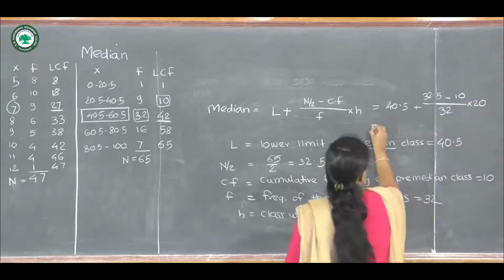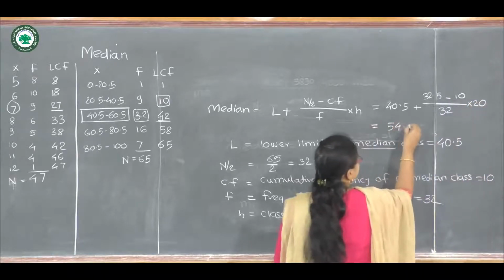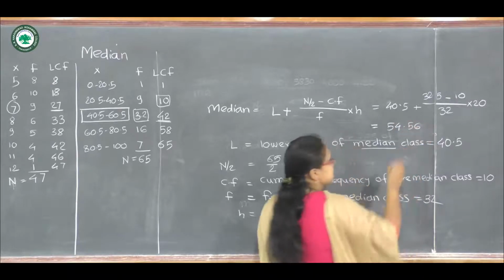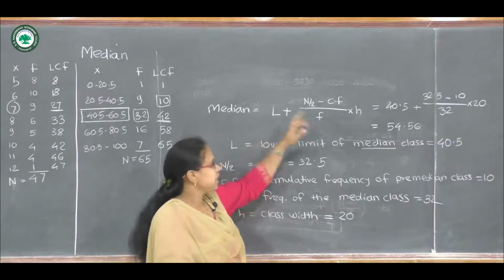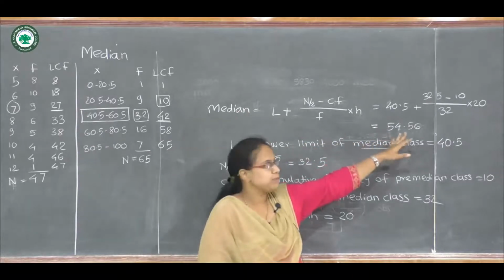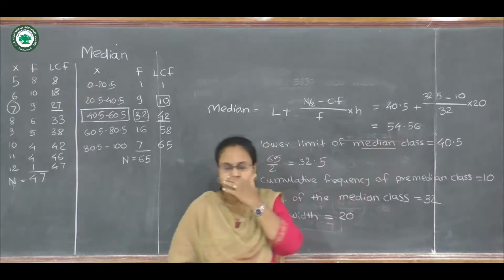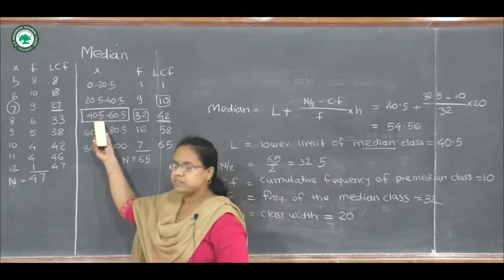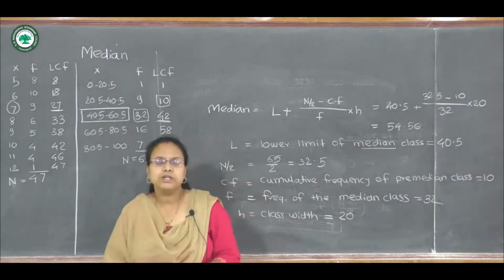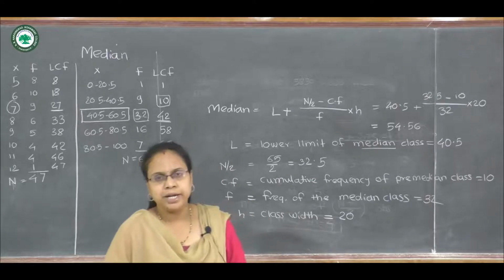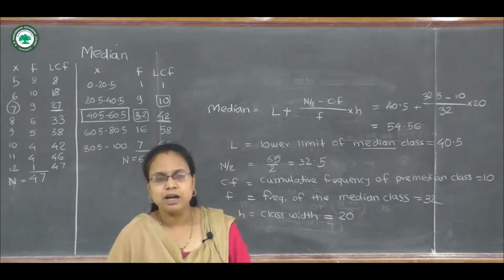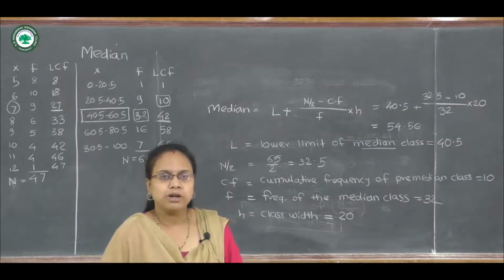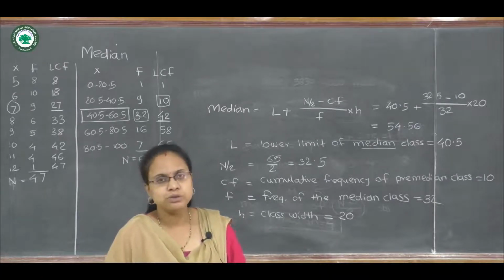By solving this we will get 54.56. So by the calculations we get our median as 54.56, which lies in the median class. In this way we can calculate the median for grouped data. Here we have seen how to calculate median for ungrouped data as well as grouped data.